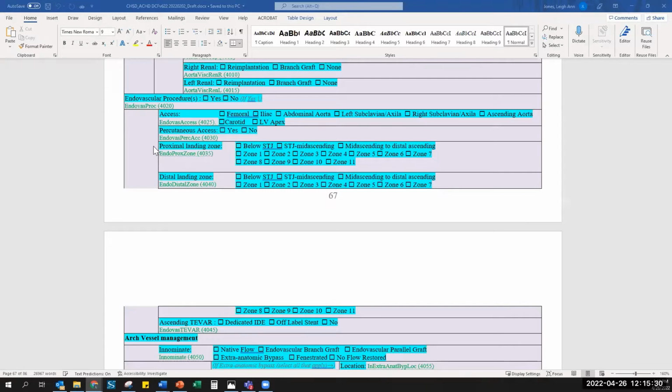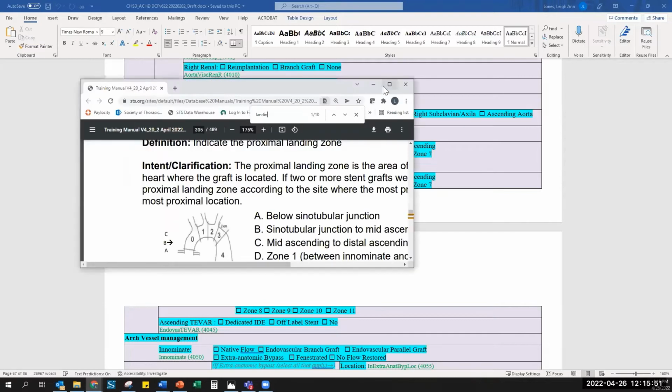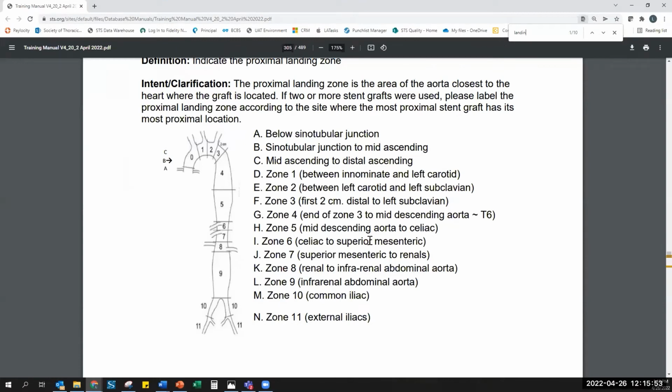I will tell you, as I said last week, a lot of surgeons will not tell you the zones. You know, I distal at zone 10. Well, that doesn't happen very often. Most often what happens is you're reading where he's proximally putting the stent graft, and then where he's deploying it and where it covers. So a lot of times you're not going to see the word zone 3 or zone 4.